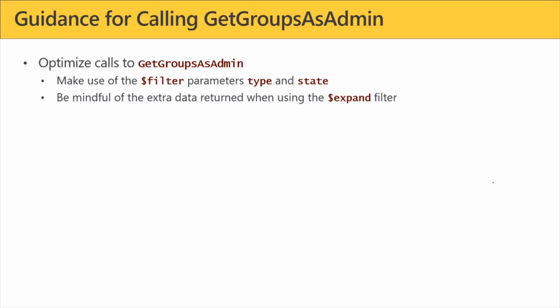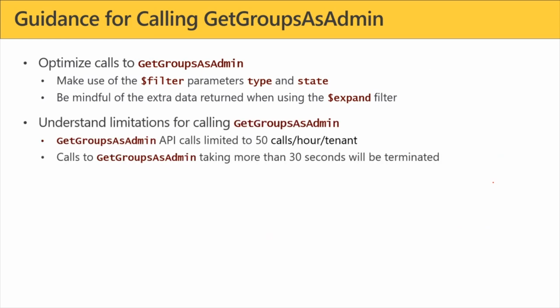Expand, while in some cases really helpful, can really bloat your response. The reason I point these things out is that there is a definite limitation. You cannot call GetGroupsAsAdmin and expand every option and expect to get a single result back for 5,000 workspaces.